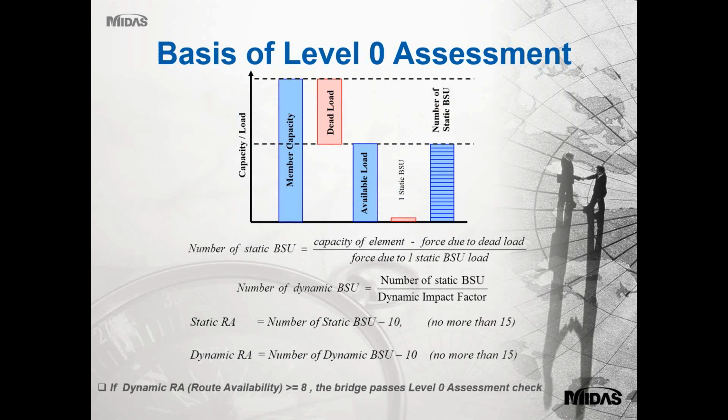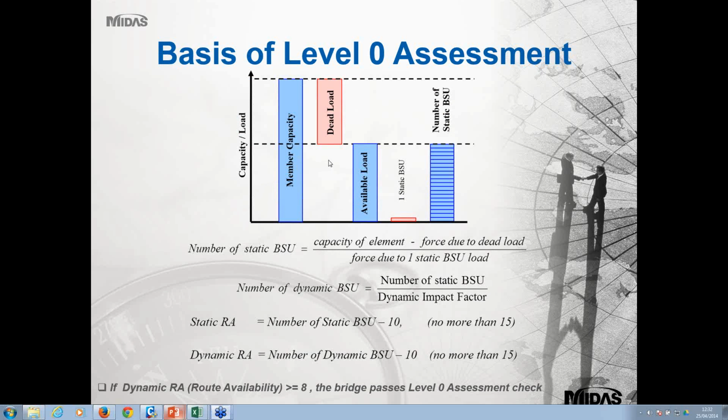The basis of assessment is that we have a member capacity for different members, and we calculate the effects from the dead load. So whatever the effect capacity is remaining after subtracting the effects of dead load, we call it an available load, and then that available load is divided by the effect due to one static British Standard unit vehicle.